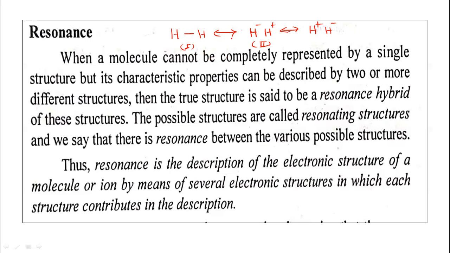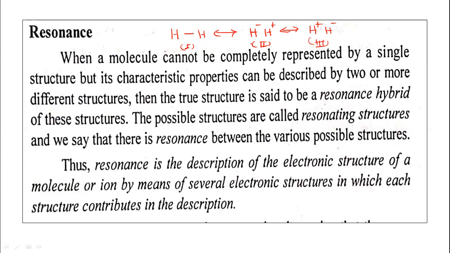The hydrogen molecule cannot be described by one structure. It can be represented by a number of different structures. So what is the true structure of the hydrogen molecule? The true structure is said to be a resonance hybrid of all these three structures.